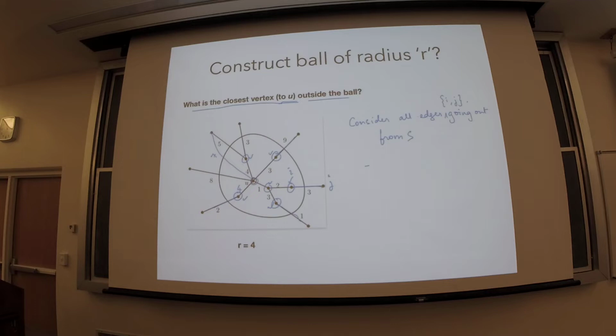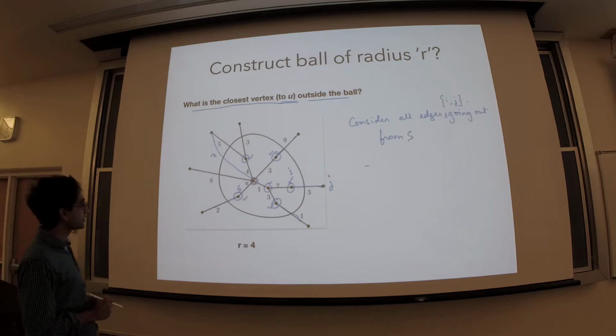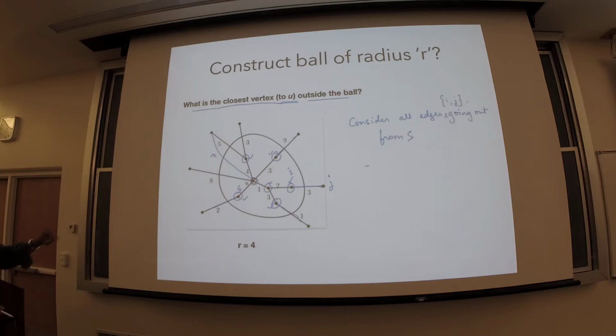Should be by finding the least weighted edge at that point that goes outside the ball. Right, so maybe this picture is a bad example then, but suppose this edge was of length 4.5.